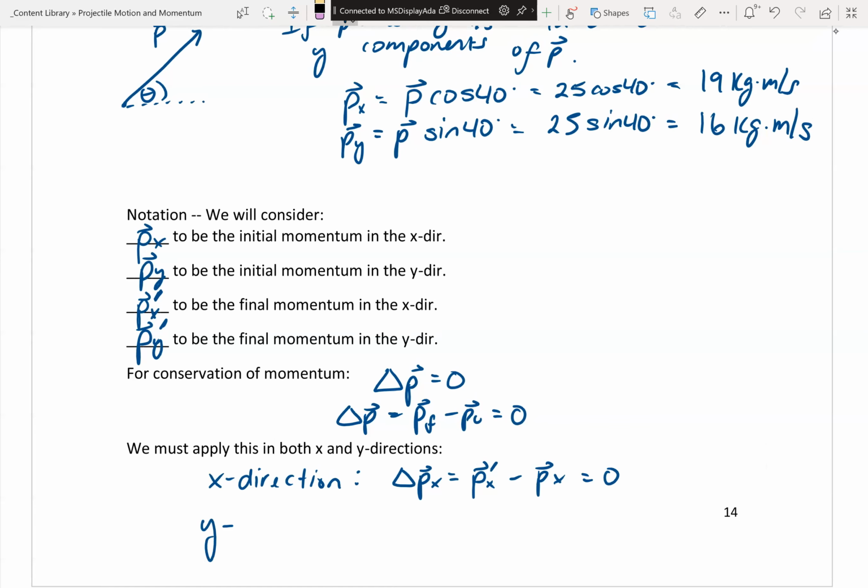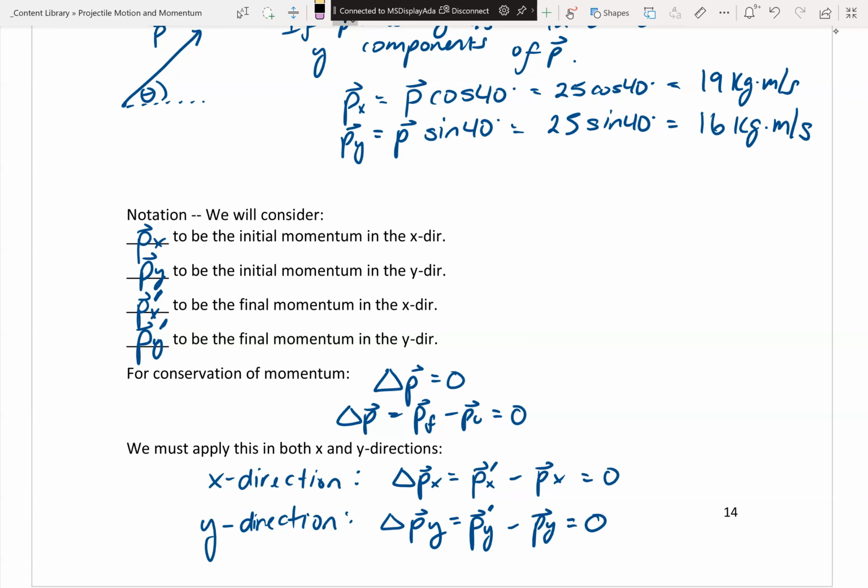And lastly, in the y direction, delta Py is a change in our momentum in the y direction. So that'll be our final y, indicated as Py prime, minus Py, which is our initial. We know that this would be 0.